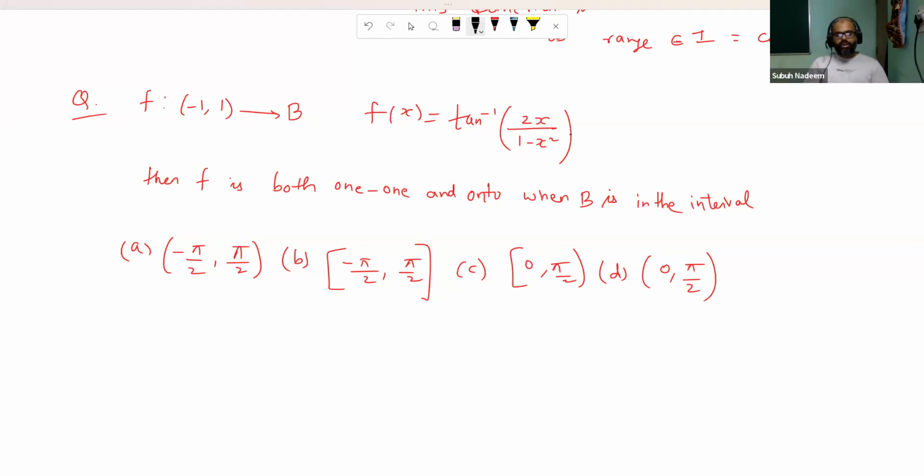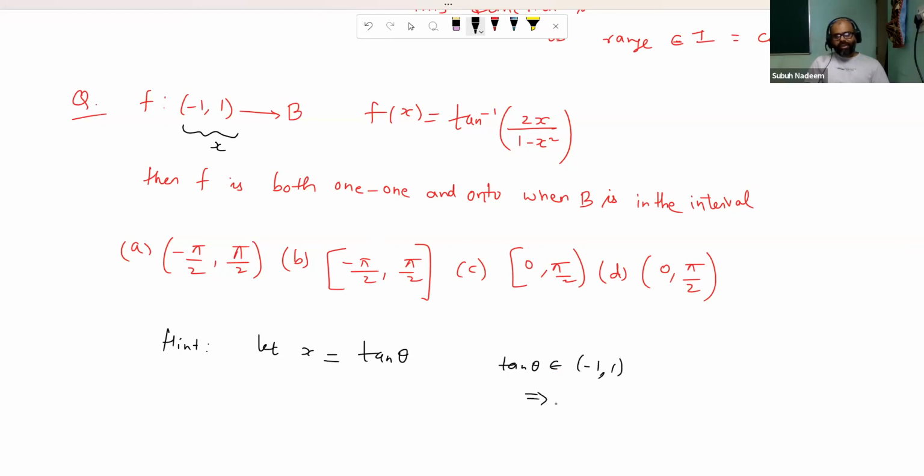So I'm giving you the hint. The hint is: let x equal tan theta. Since x belongs to (-1, 1), it means that tan theta belongs to (-1, 1).